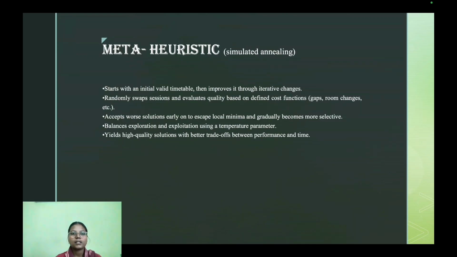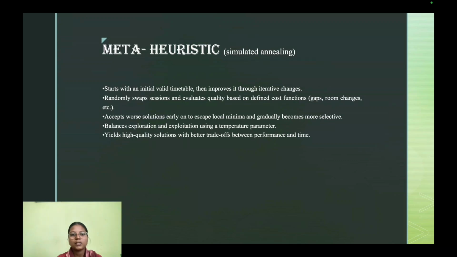In this slide, I will discuss the meta-heuristic algorithm based on simulated annealing, which we have implemented in this approach. Earlier, we have seen two algorithms, Z3 and the heuristic-based approach. In this slide, we will discuss simulated annealing, where we start with an initial valid timetable, then improve it through iterative changes.